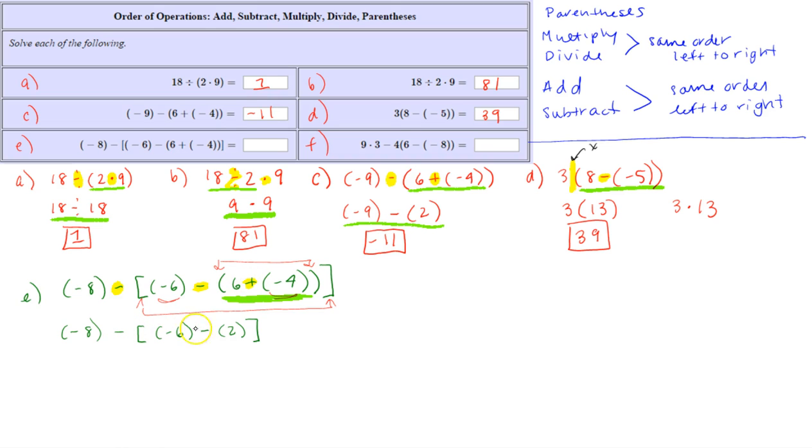Now we have subtraction and subtraction. However, this subtraction is in parentheses. So we're going to do this one first. So we have negative 8 minus, well, negative 6 minus 2 is negative 8. Okay. And I put that in brackets equivalently.